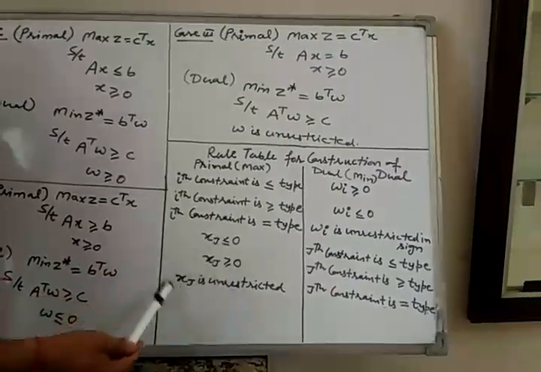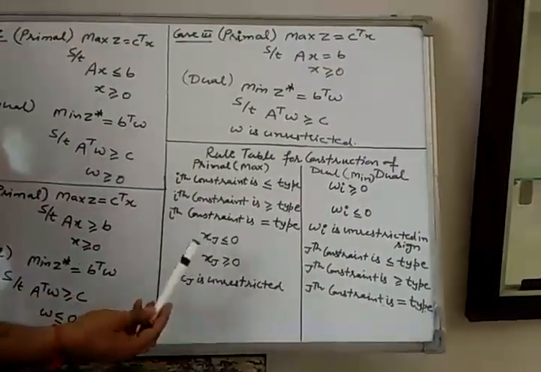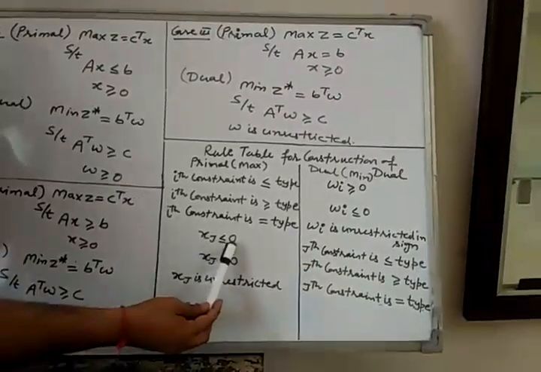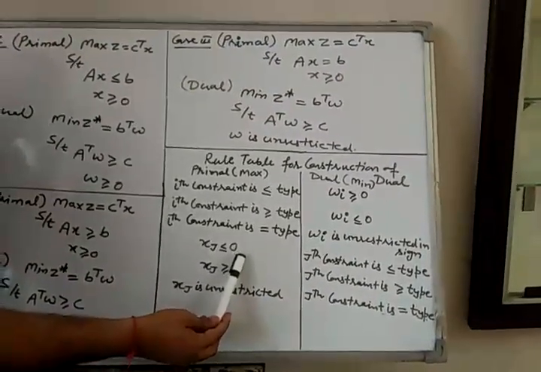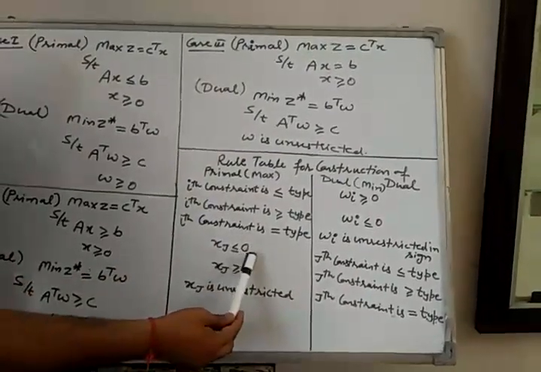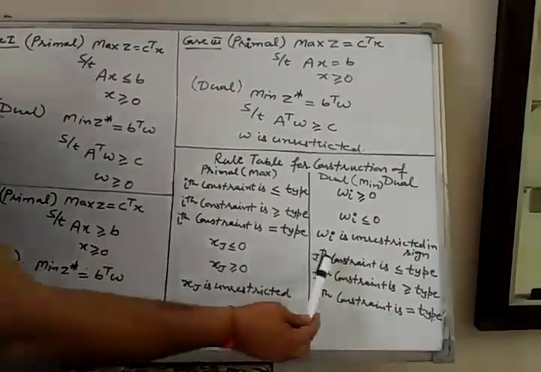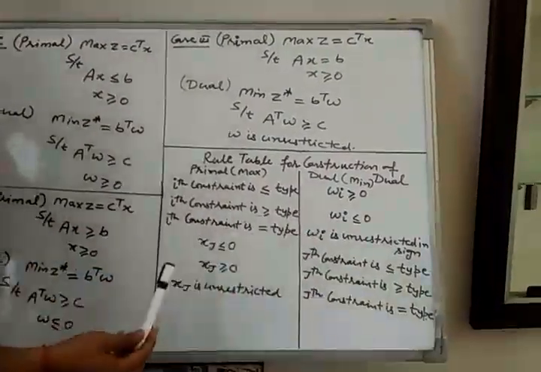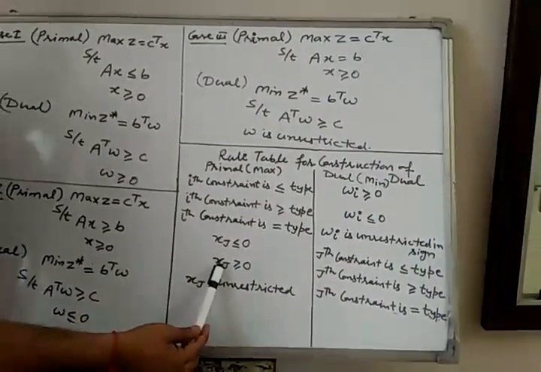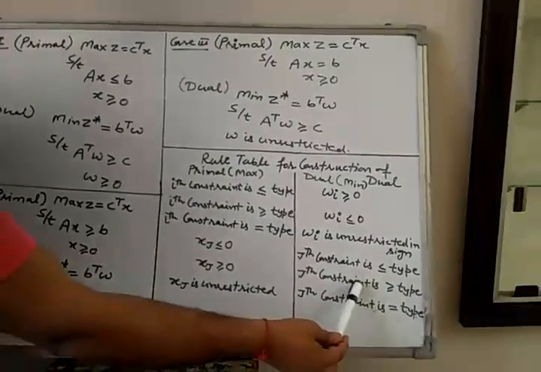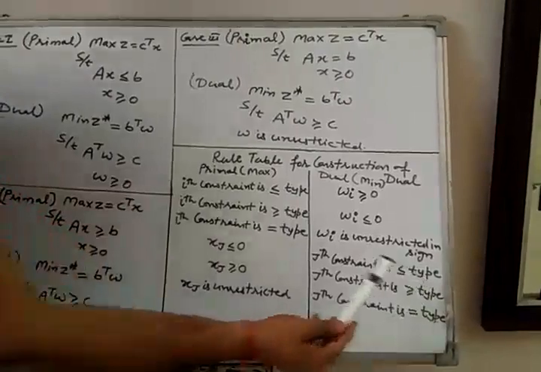Now we write this information also. If the jth primal variable is less than or equal to 0, then the jth dual constraint is of less than or equal to type. If the jth primal variable is greater than or equal to 0, then the jth dual constraint is of greater than or equal to type.